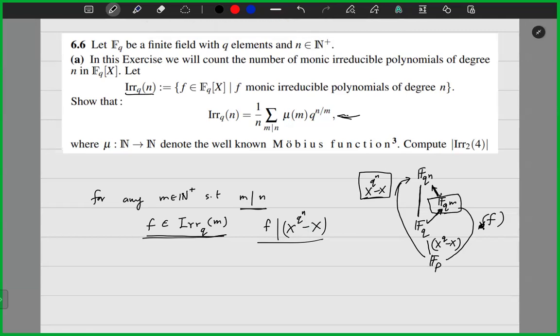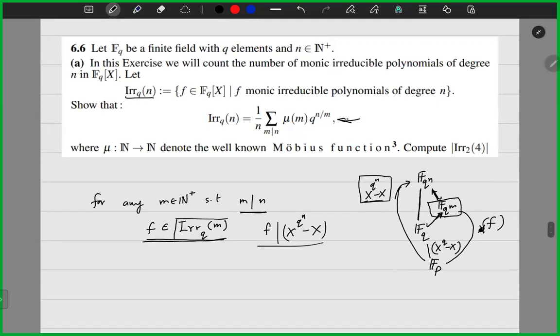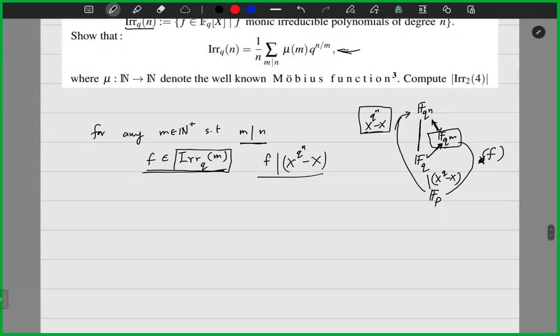Good. So we will count these irreducible polynomials of degree m, where m divides n. M is an integer such that f is in the set of irreducible polynomials of degree m in FQ[x].